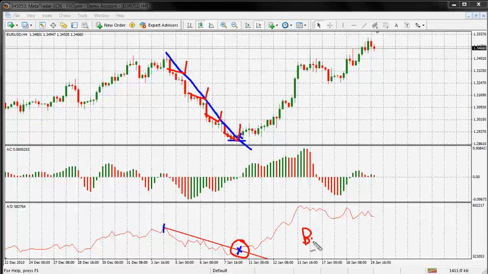Breakout. So once we have found 1, the downtrend, 2, the signal, 3, the confirmation. See that bar right there? It's a green bar. Just because it breaks out of there does not necessarily mean that you should go long on the trade.